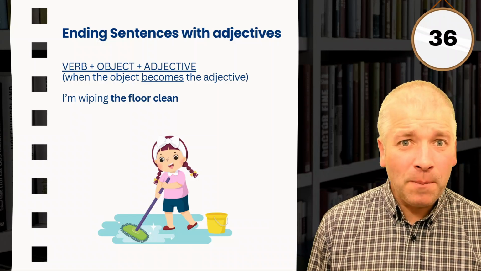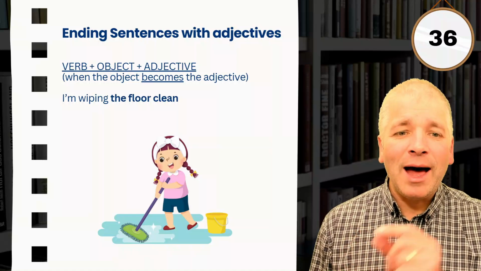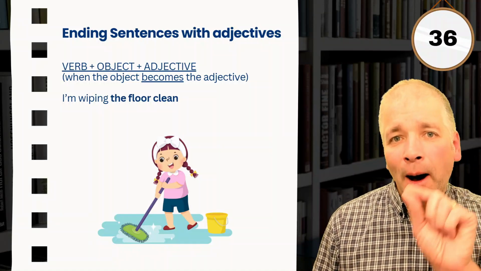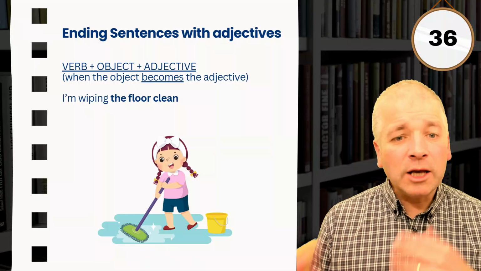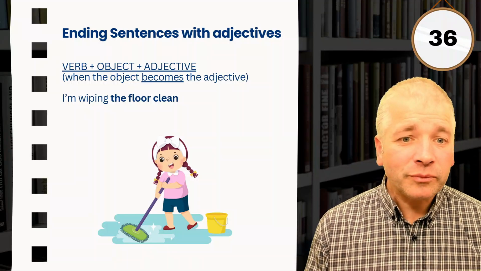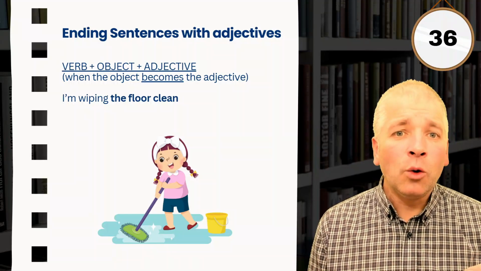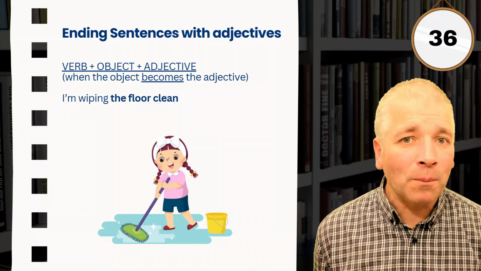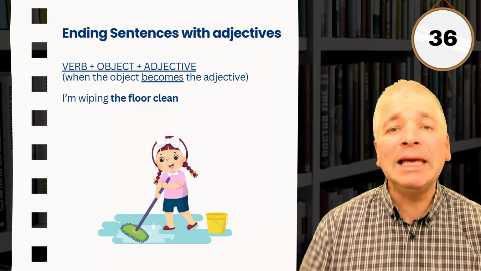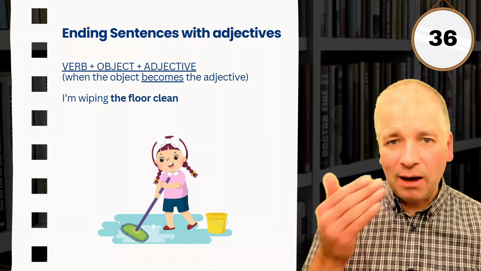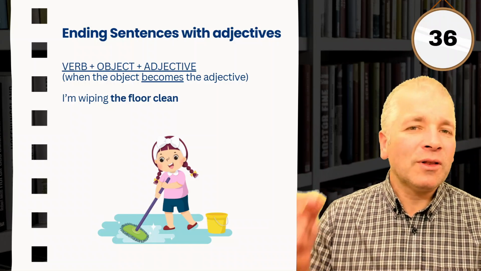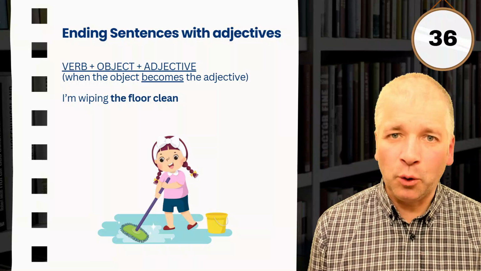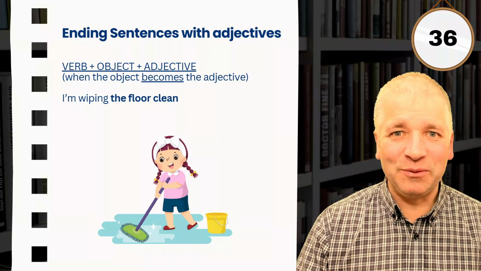When we have verb, object and adjective, and the object becomes the adjective, we can use this pattern. I'm wiping the floor clean, or literally, what happens to the floor? It becomes clean. So because it becomes clean, we can put clean after the noun floor, because the floor becomes the adjective.